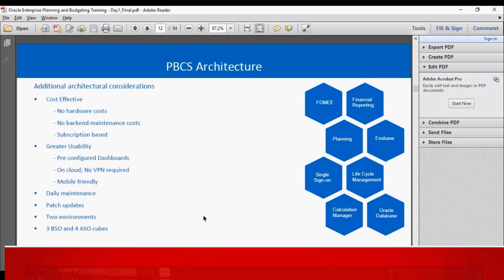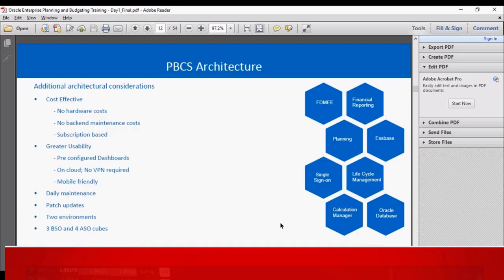Every month it releases some patches, and during some weekend they will take an outage and implement all these in the PBCS. Yes, I'm coming to that for ASO cubes.